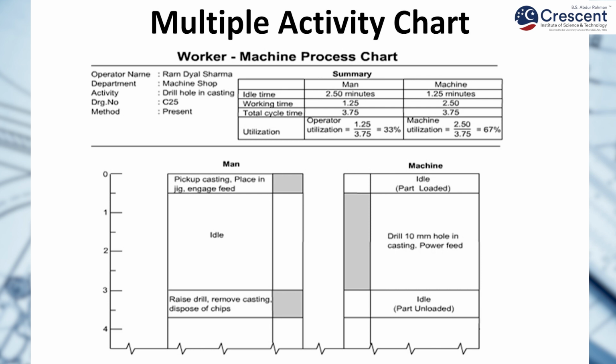Meanwhile, only the machine is running, which means 67% of the time the worker is idle, and 33% of the time only working. Utilization of the worker is 33%. So, in that way we can understand the relationship between worker and machine.